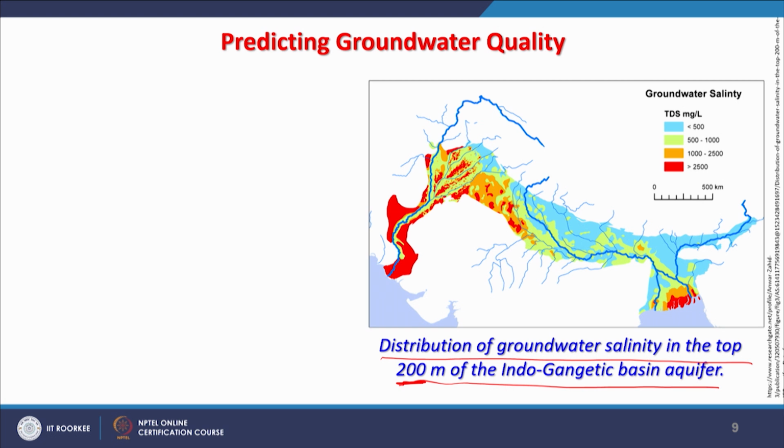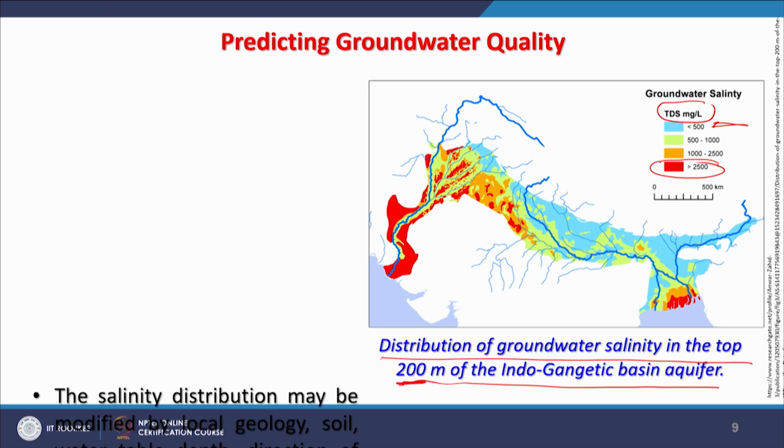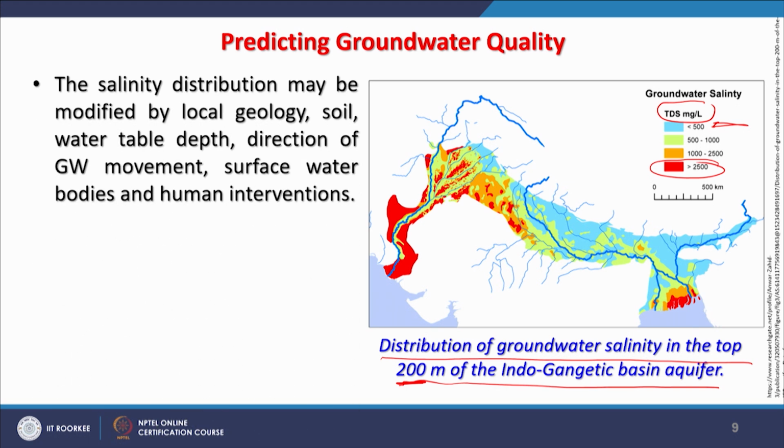And that is the quality, based on TDS, total dissolved solids. In the northern part of the Indo-Gangetic plain, the total dissolved solids are relatively quite low, whereas in the southern and western parts of the Indo-Gangetic plain, the total dissolved solids are very high.